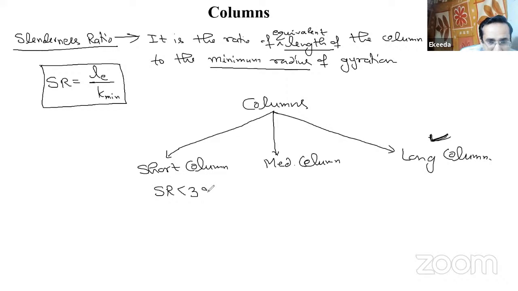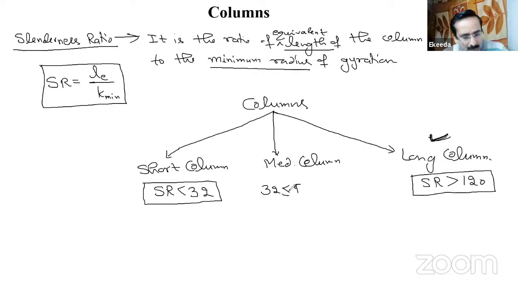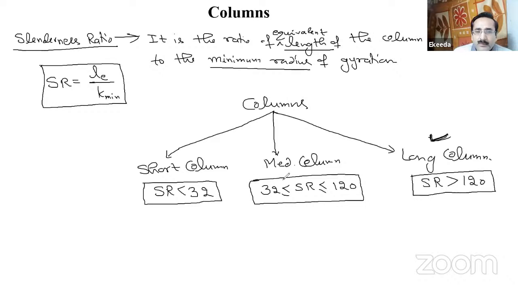If the slenderness ratio is less than 32, it is called a short column. If the slenderness ratio is greater than 120, it is called a long column. The length is very large, but in terms of slenderness ratio. And if it varies between 32 and 120, we call it a medium column. So we have basically three types of columns.